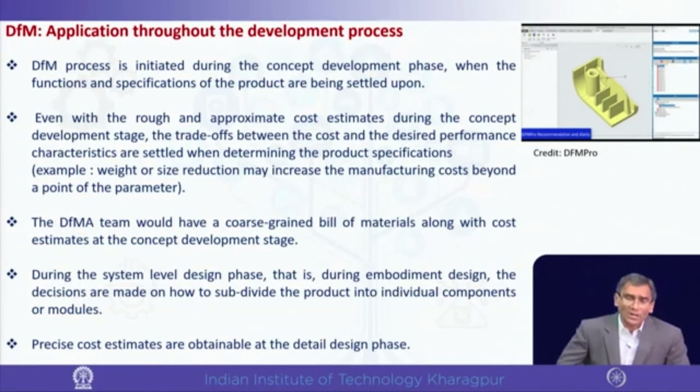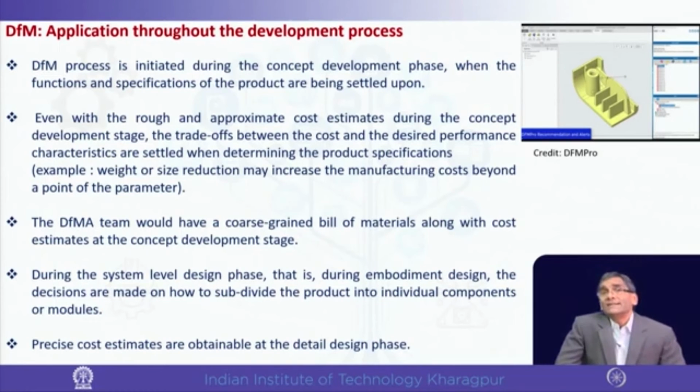That is a coarse grained estimate, and the bill of materials is also a little bit coarse grained. Bill of materials means which materials, how many would be required, etc. During the system level design, that is the embodiment design level, it is broken down into subparts. Precise cost estimations are available in the detailed design process.